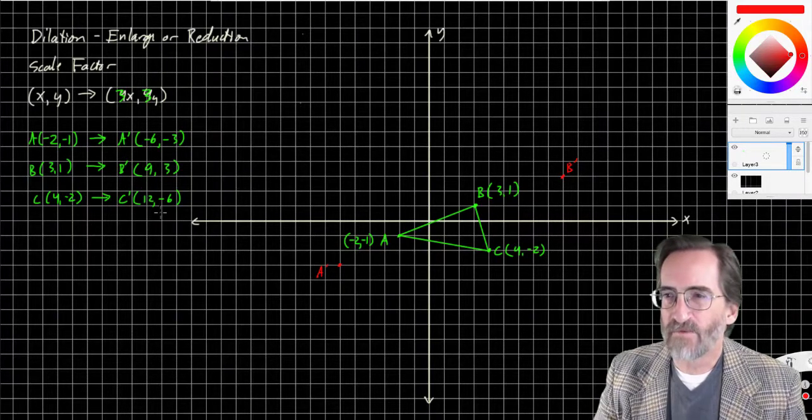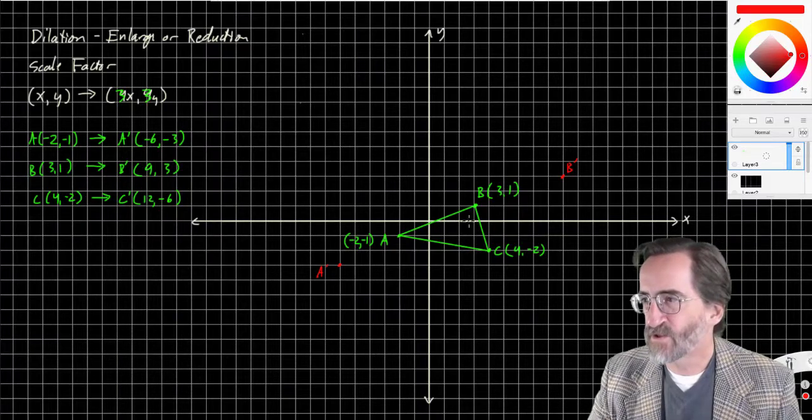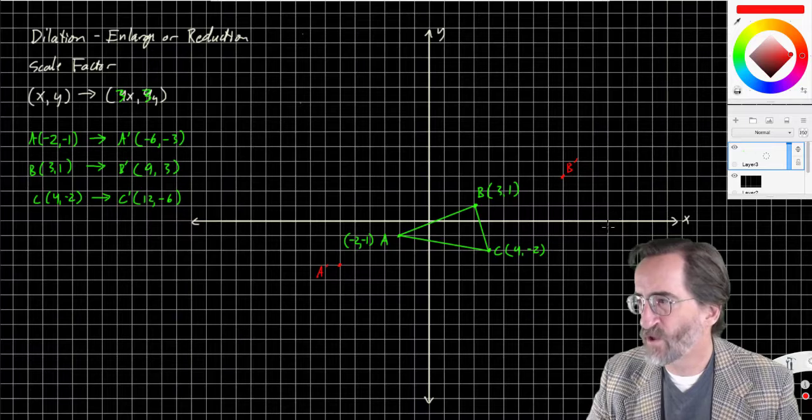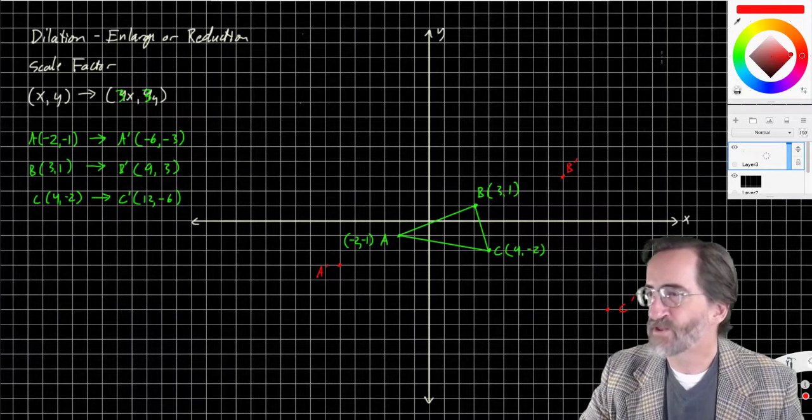And C prime is going to be 12, -6. Okay, C prime. And let's see what the result is.